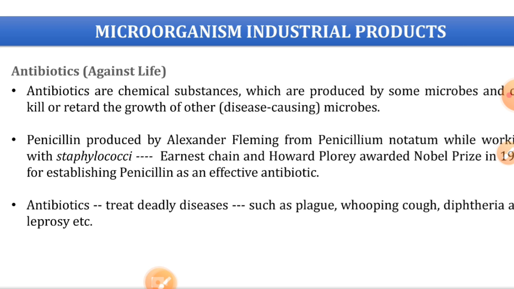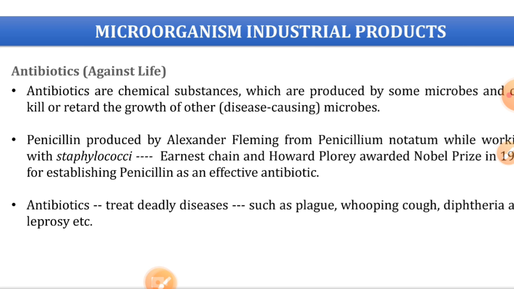This bacteria was not growing in that particular place where such a mold was growing. So he thought that this mold degrades the effects of the bacteria. This way he discovered penicillin with the help of Penicillium notatum. Generally penicillin can be extracted from a special type of fungi called Penicillium notatum.